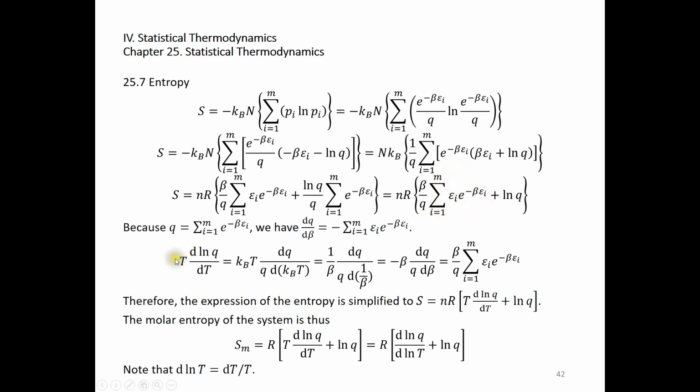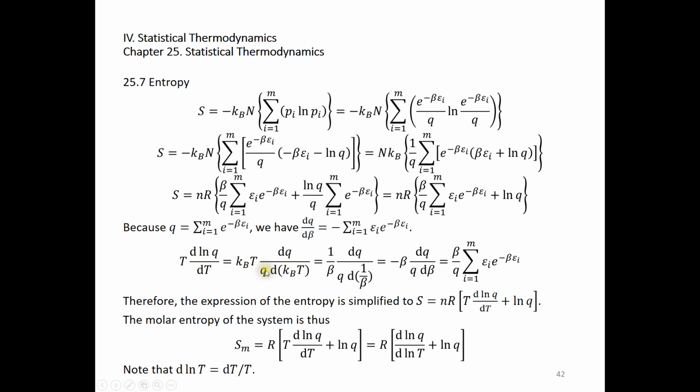And now let's look at a little bit more derivation. Let's look at this T times d ln q over dT. Well, it's equivalent to kBT times dq over q over d(kBT). How did I get this? Well, I simply multiply this T by kB and this T by kB. kB and kB can cancel. d ln q is dq over q.